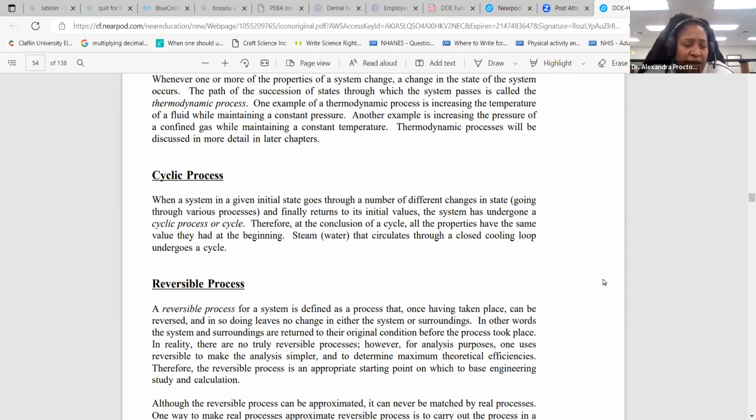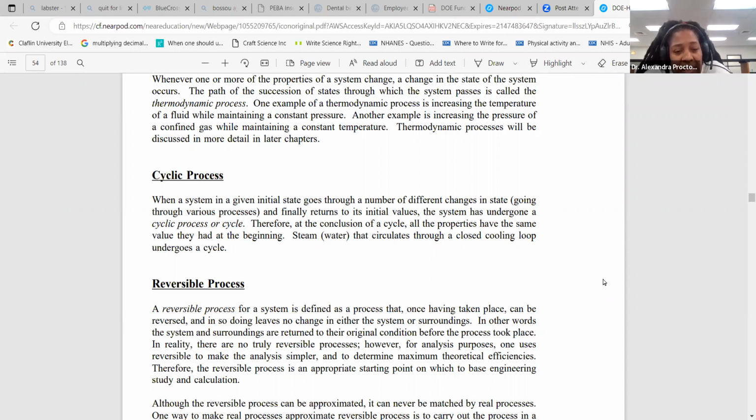The reversible process for a system is a process that once it's taken place, it can be reversed. And in doing so, it leaves no change on either system. Okay. In other words, the system and surroundings are returned to their original states or conditions.